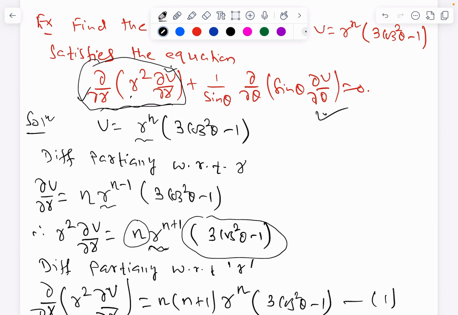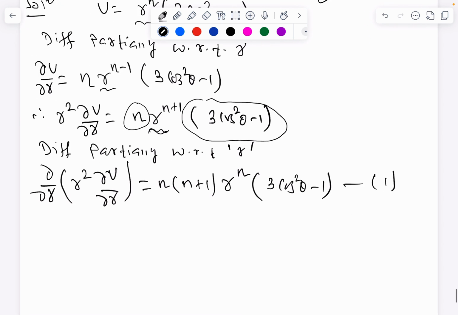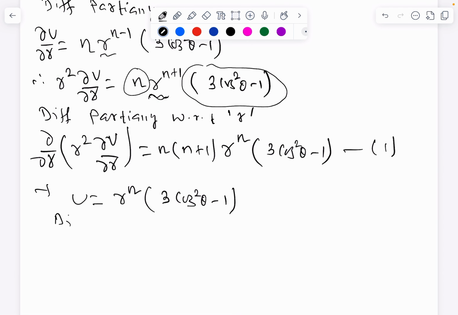Now let us find this part. So u equal to r power n into 3 cosine square theta minus 1. Differentiate partially with respect to theta.